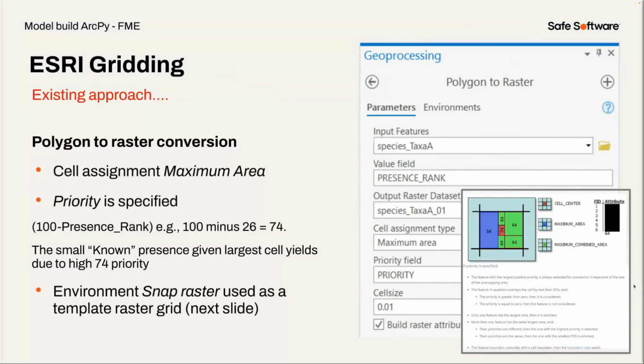So they yield the highest result by simply inverting the priority, which gave us a higher weight. And this geoprocessing tool also has the ability in the environments to reference a snap raster. A snap raster is just a known grid, be it the 1 kilometre or 10 kilometre, and it efficiently uses that grid to create the raster output just for that area.